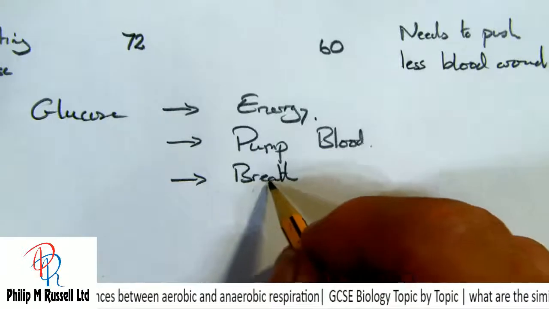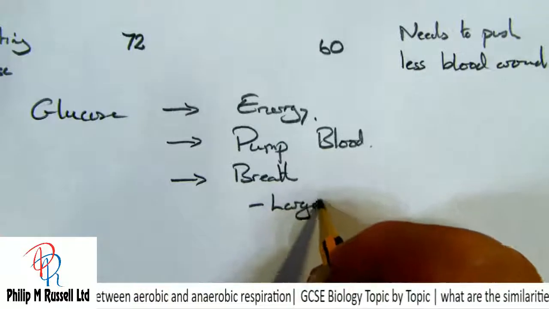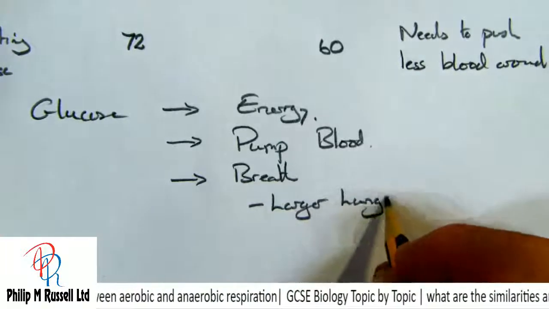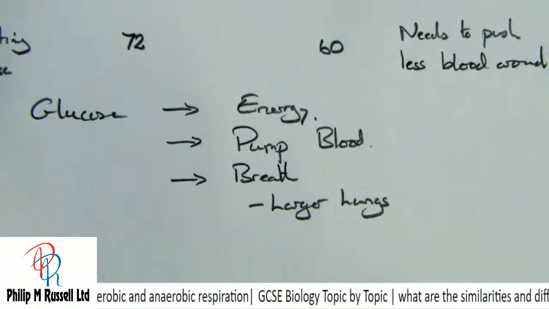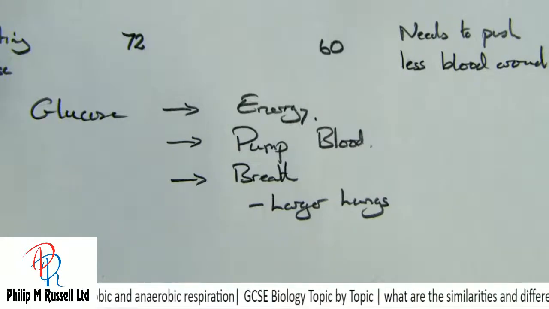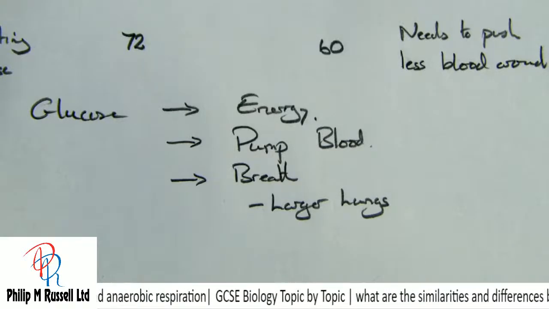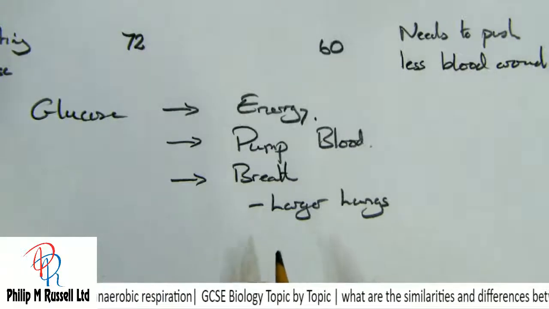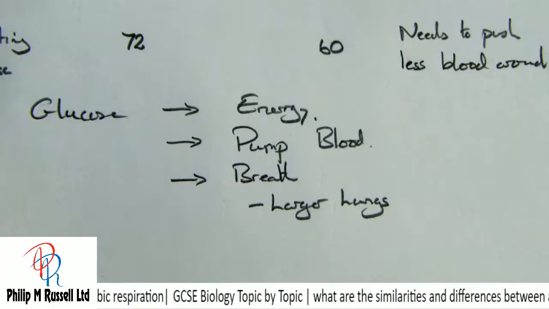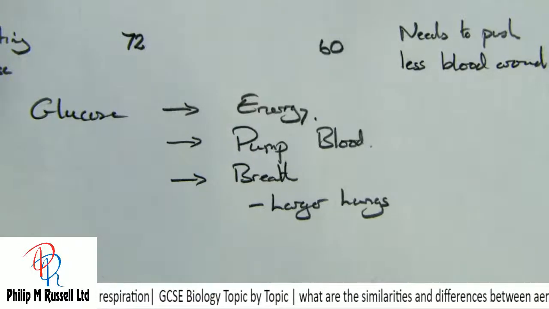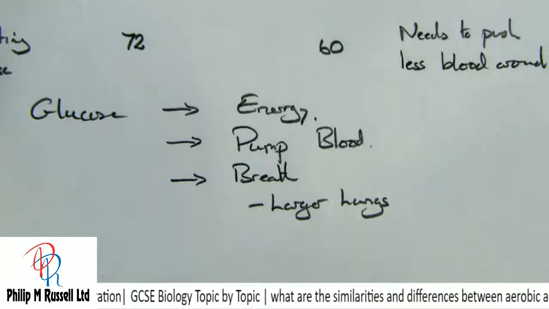So our breathing rate usually involves having things like larger lungs so that we can actually breathe in more. And this is where we see a slight difference between men and women, and this is a difference really in anatomy. Generally men have larger chests than women, so they've generally got larger lung capacity. Generally. Doesn't mean to say they need it in all cases.